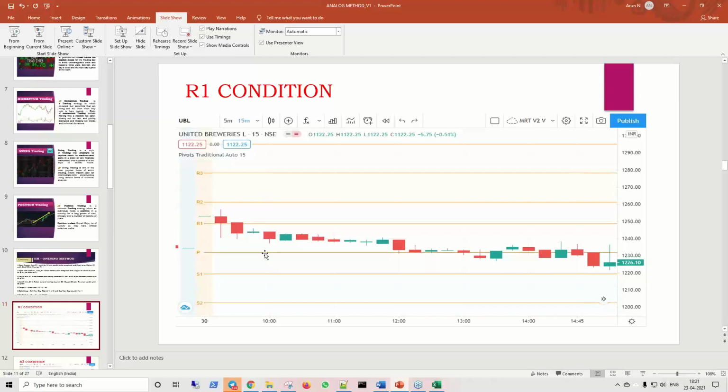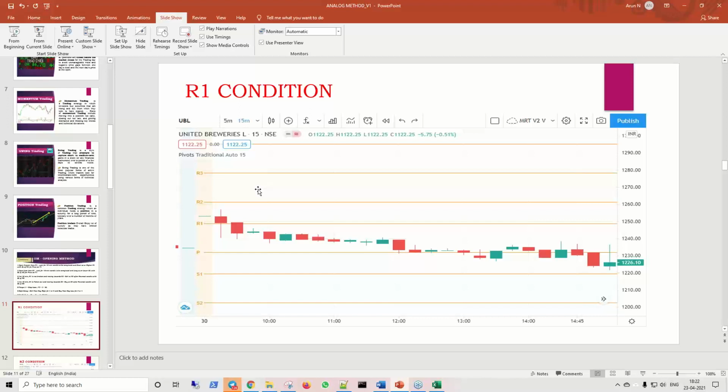On many days, if you're lucky, you will be capturing the ultimate top. There would have been some positive news, and there would be a huge gap-up opening. Retailers generally think the stock is going to move up, and normal people try to go long, but the biggies always have alternate plans.